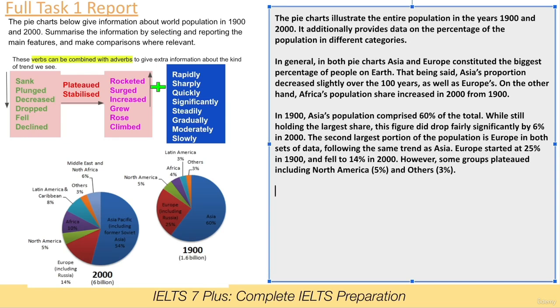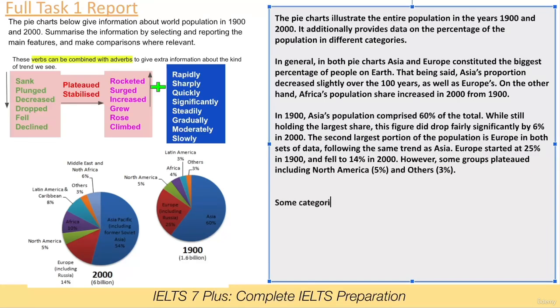So let's think. We could say something like in contrast, or some groups followed a different trend. Or we've used groups.